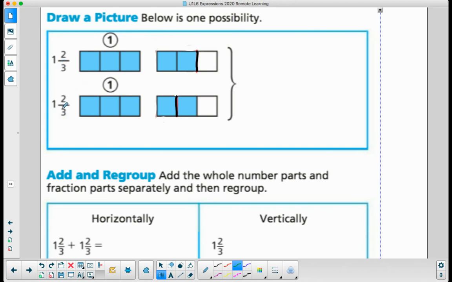1 2/3 plus 1 2/3, shade in, shade in. So when I do this, I see I have one whole and another whole, and I could come here and say, there is one more whole.